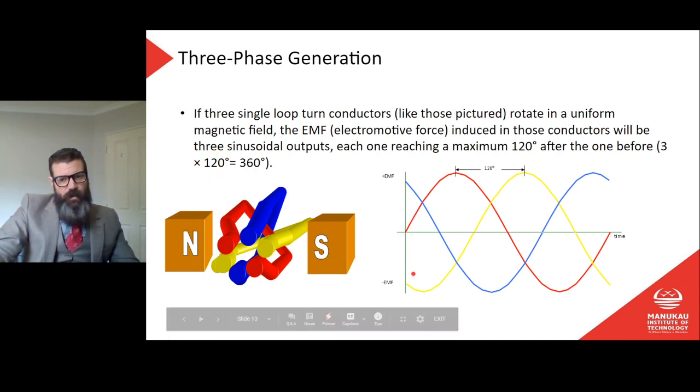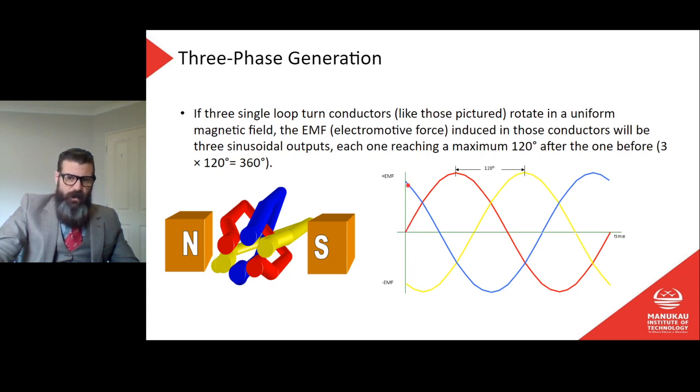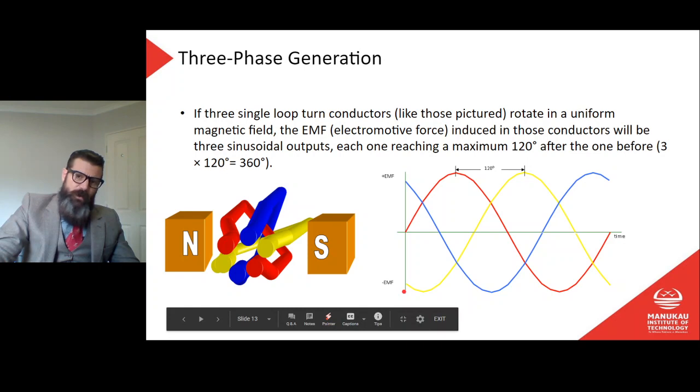And so here's the output here. So what have we got? One of them is at 0, while one is at a positive, one is in a negative peak, or not quite. One's almost positive peak, one's almost negative peak, but the total voltage there, you can see the blue is equal to the yellow and the red is 0, so they kind of add up to 0. And if I look here, as those two cross, the yellow one reaches its negative peak.